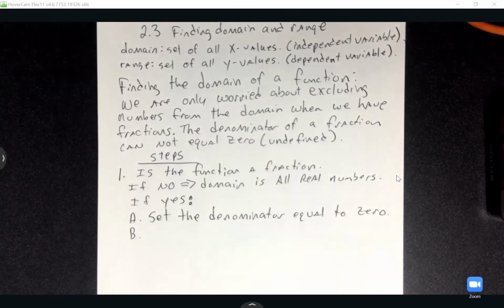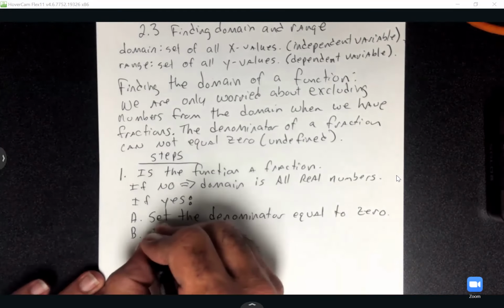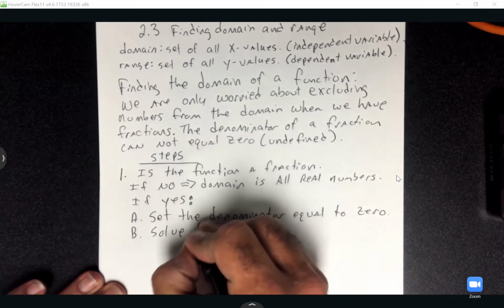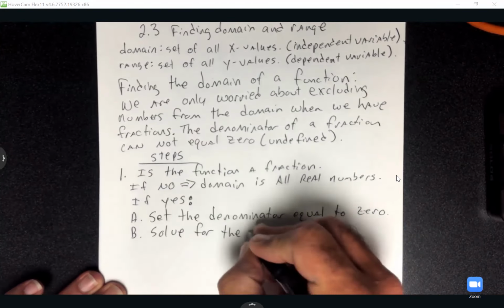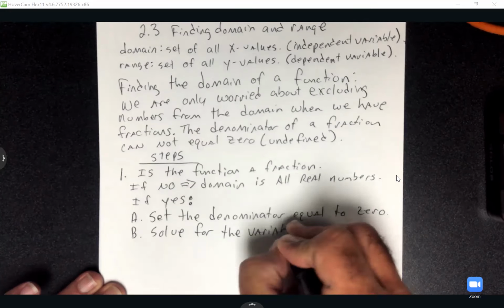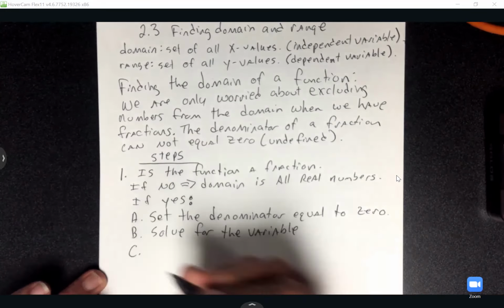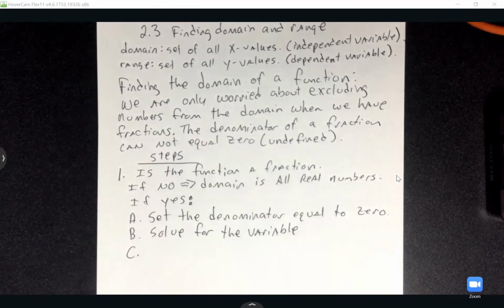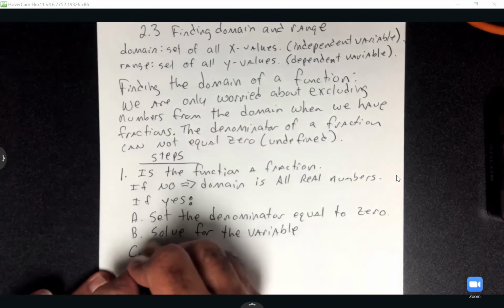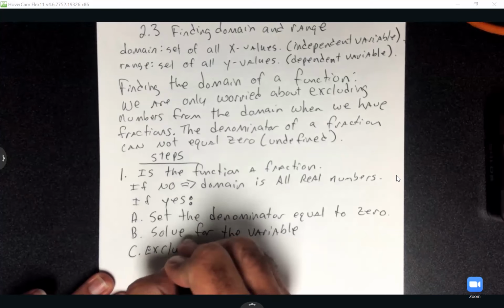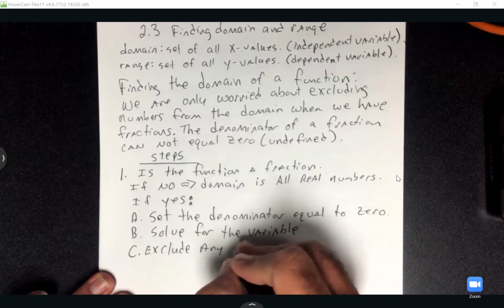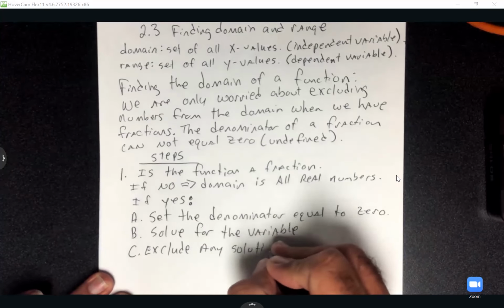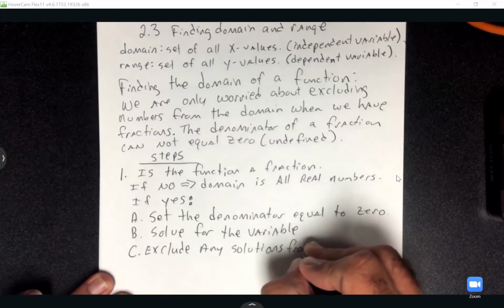Y'all, once I set that denominator equal to 0, I'm going to solve for the variable. Once I have that variable solution, I'm going to then exclude any solutions from the domain.